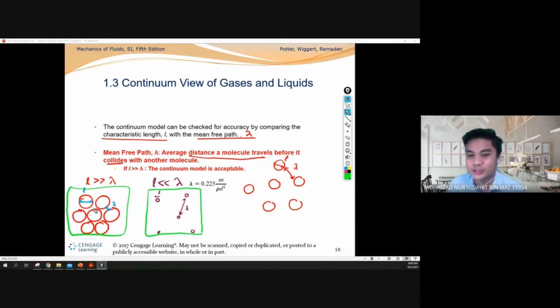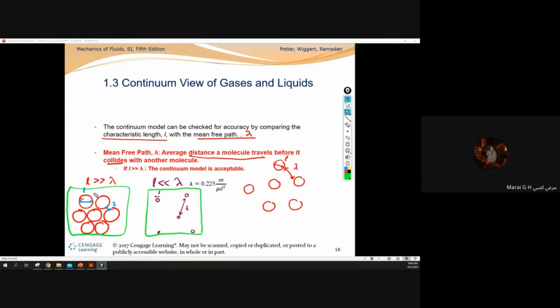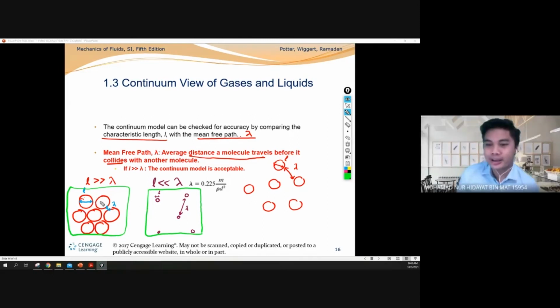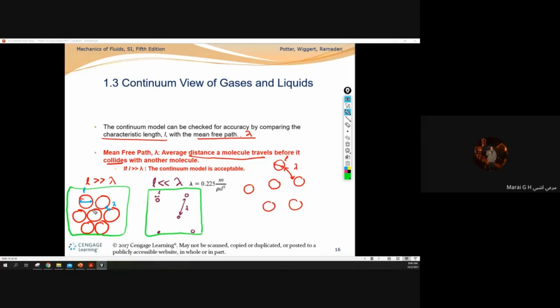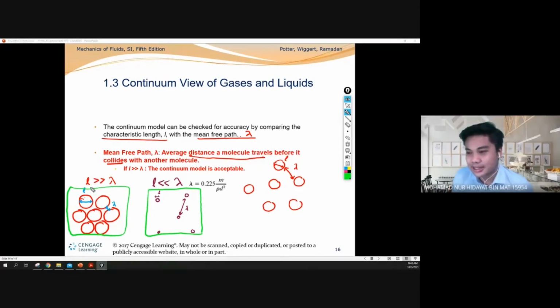Okay, which one is continuum? Left or right? Left. Why is it left? Why is the left continuum? Because L is bigger than lambda. Yes, bigger than lambda. And you can see here the particles are closely packed to each other, right?